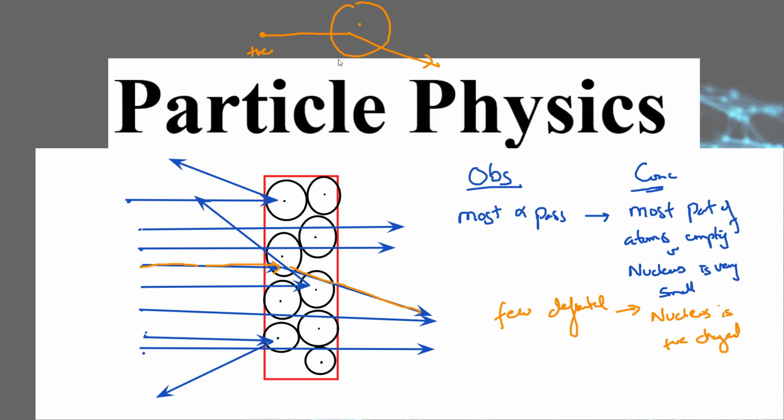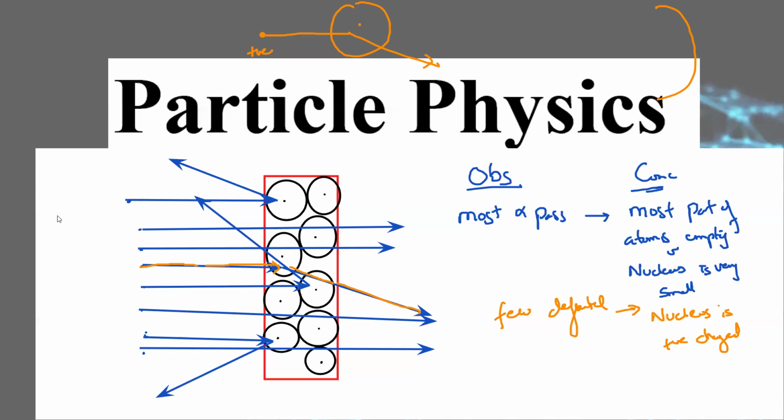This is the same experiment you have studied. How did he observe it? We cannot see the particle, but we can see either a track of the particle or its effect on the screen. In the Rutherford experiment, he had a fluorescent screen around it.